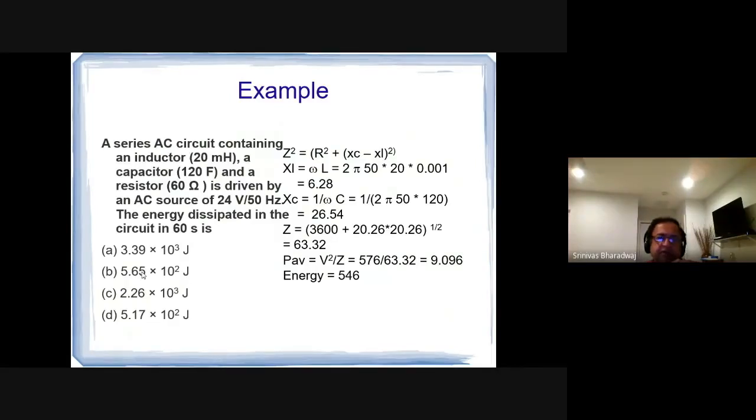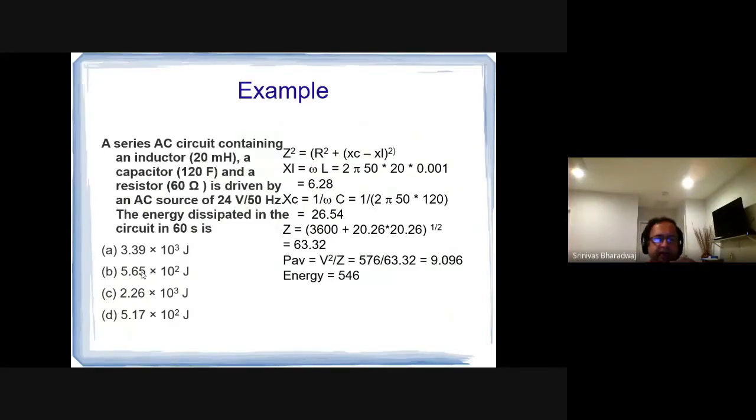The energy dissipated in the circuit in 60 seconds is, P average energy, V squared by Z. What is V square? V square is 24 square, right? Now AC with 50 hertz, so 50 hertz gives your omega.